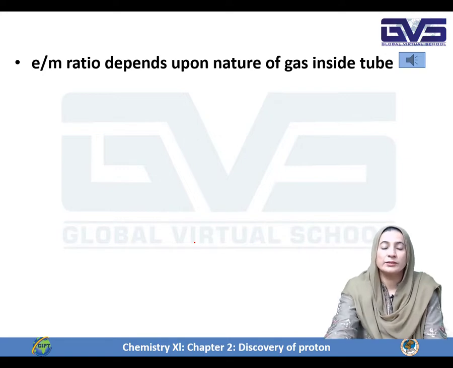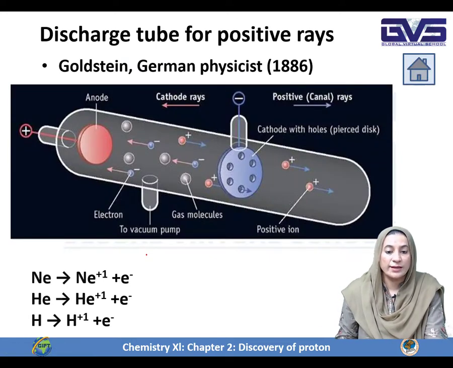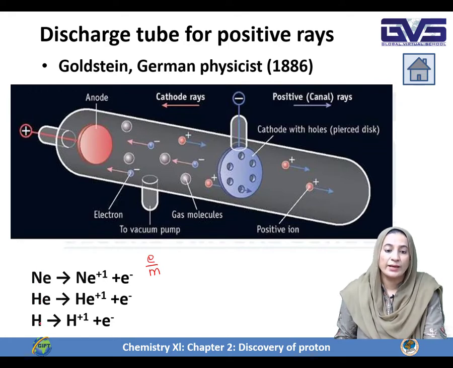Why? I already told you in the previous lecture that the charge to mass ratio will be different. Neon has its own mass, helium has its own mass, hydrogen has its own mass, and the lowest mass is that of hydrogen, then helium, then neon.